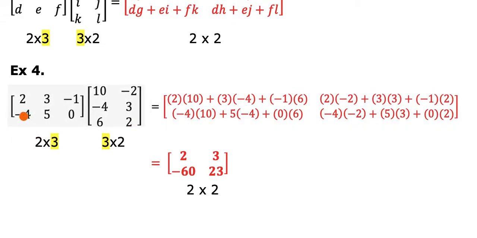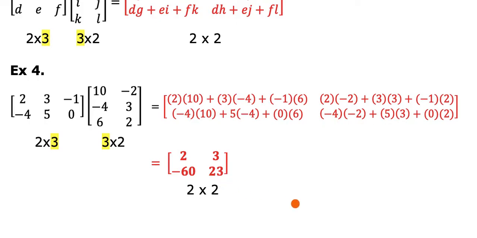And then our second row multiplied by the first column, -4 times 10 plus 5 times -4 and 0 times 6. Then we're into our last entry. We have our second row multiplied by the second column. -4 times -2 plus 5 times 3 plus 0 times 2.